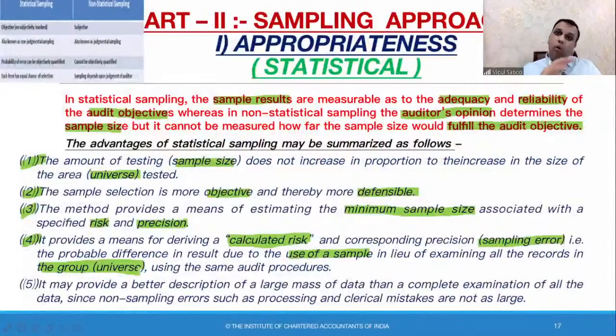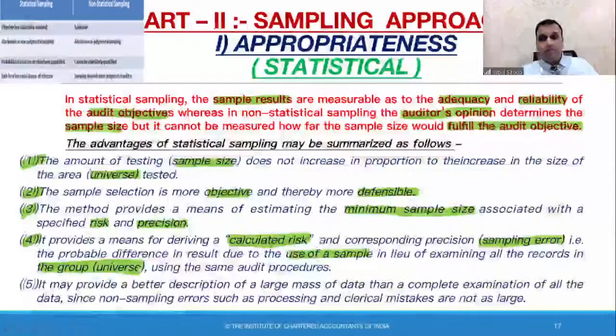Now I check all the 20 accounts and I come to a conclusion: not 20%, but 21% of the accounts are on the verge of turning into bad debts. That 1% is sampling error. The difference, the deviation of the population from the sample.